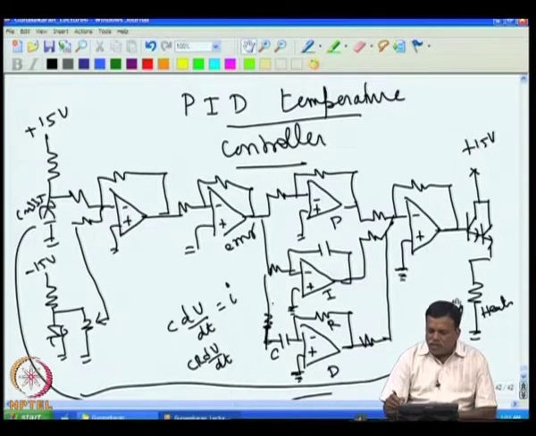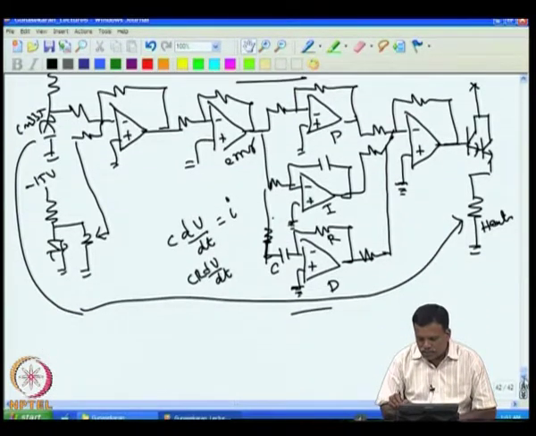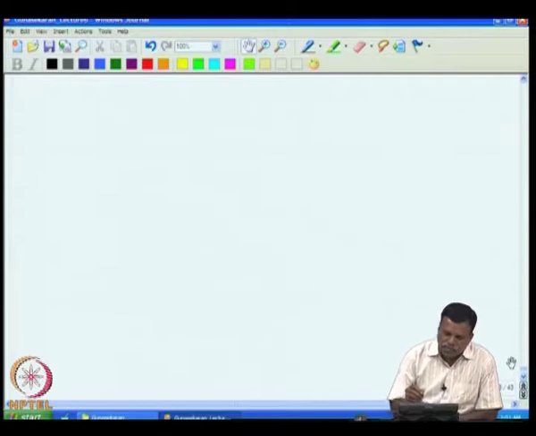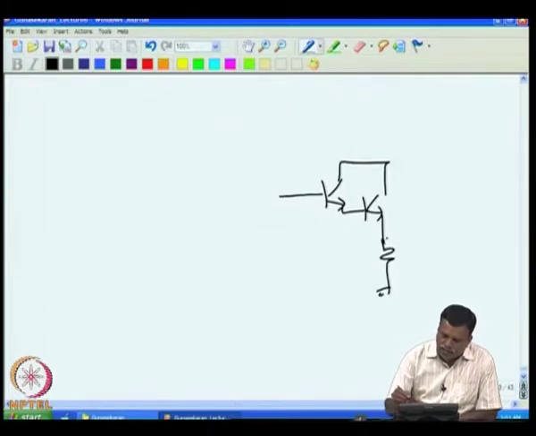For example, I have seen many boys making the same mistake. If the heater voltage is 100 volt, for example, and I connect the heater like this, I put a Darlington pair, connect this to ground, I connect this one to ground, then connect the heater here.